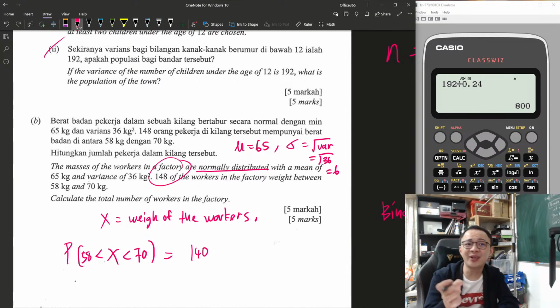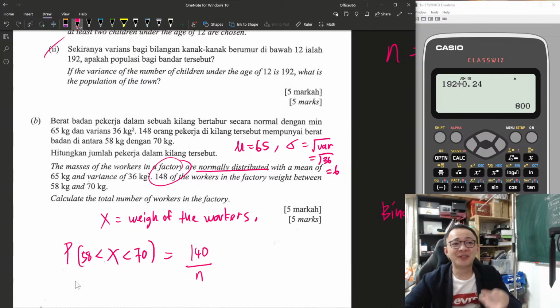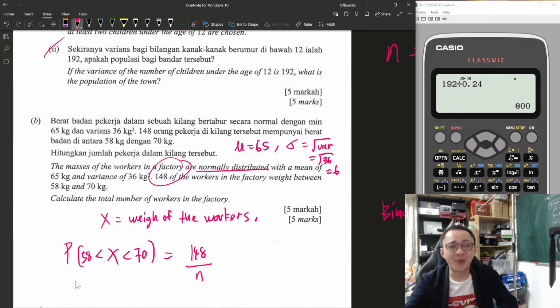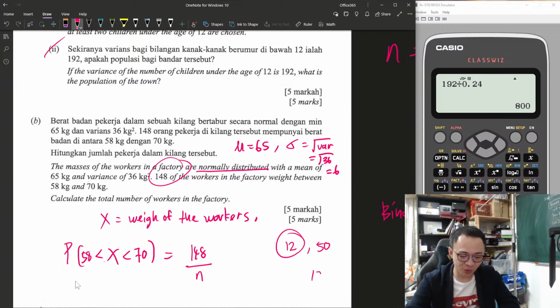So I'll use 148 divided by the total number of workers, which I'm going to call n. Just imagine, if I have 148 divided by n, the total number, I'm actually getting the probability, isn't it? So let's say in your class, you have 12 students who have this weight, and the total in your class is 50. To get the probability of 12 students, you do 12 over 50, isn't it? This is the idea of 148 divided by n.